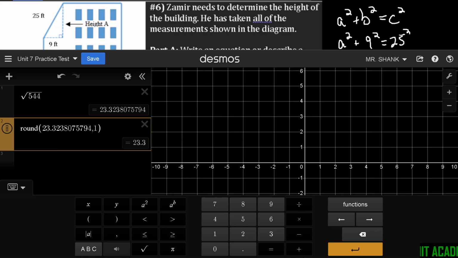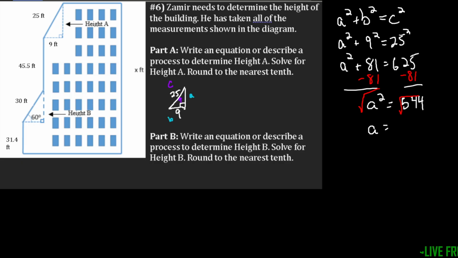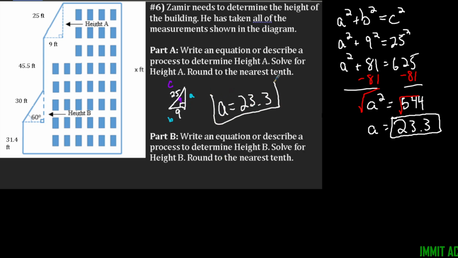So that height A is going to be 23.3. Again, since it says to round that answer, that's why I'm going to round it there. So keep that in mind. If I want to write it here too, I can. 23.3. Either way works.